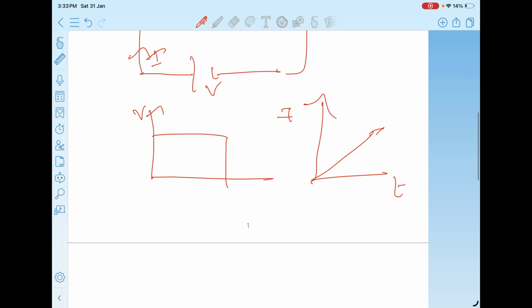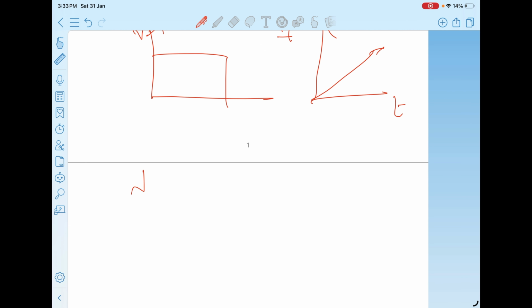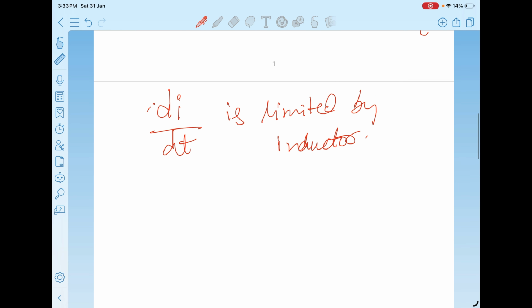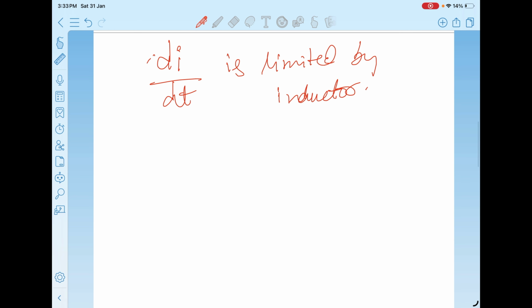That is the property of the inductor. That means the rate of change of current, di by dt, is limited by the inductor. So this is a very important application. Current in an inductor cannot increase rapidly.